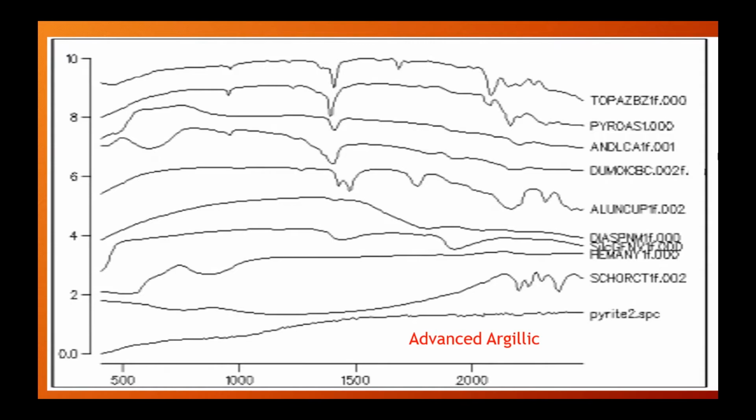This advanced argillic alteration will contain higher temperature minerals such as topaz, pyrophyllite, andalusite, dumortierite, tourmaline, along with alunite, diaspore, quartz, hematite, and pyrite.